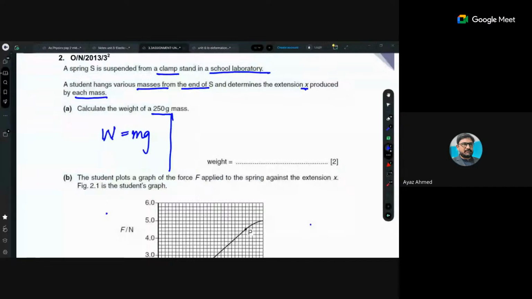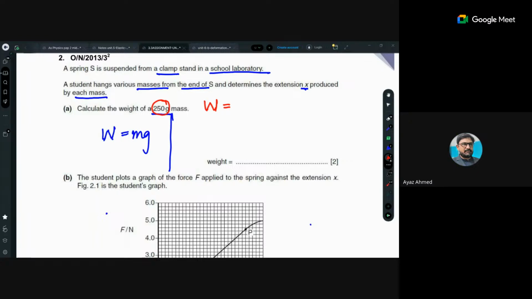So now, do I use this mass or do I have to convert it? Yes, it must be converted into kilograms.